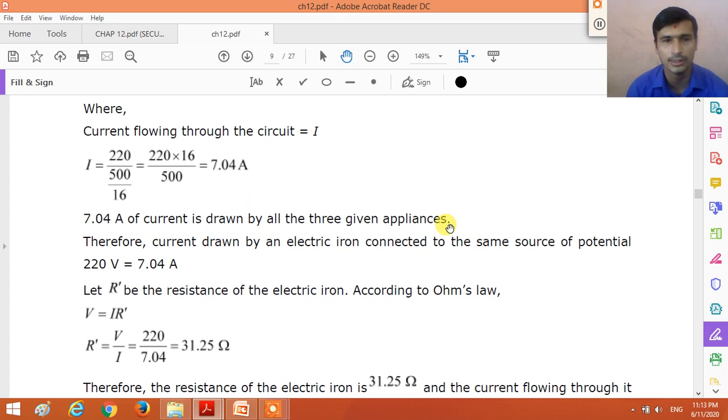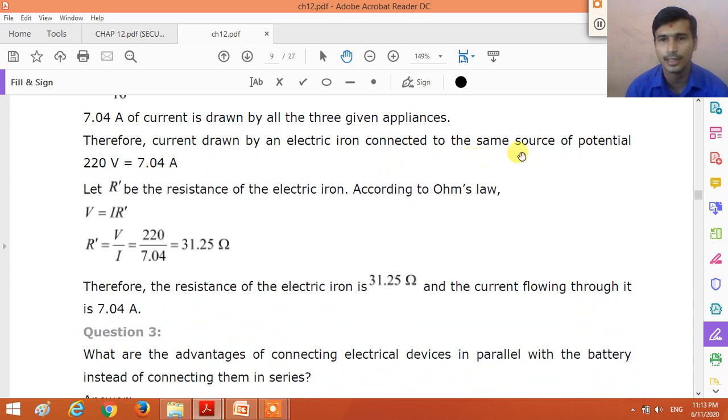Now the question is what current is drawn by an electric iron connected to the same source of potential. The current drawn by the electric iron connected to the same source of potential 220 volt is 7.04 ampere, right? The same amount of electric current is drawn by the electric iron when connected with the same potential difference. So now what is the resistance of the electric iron? Let the resistance of the electric iron be R dash.